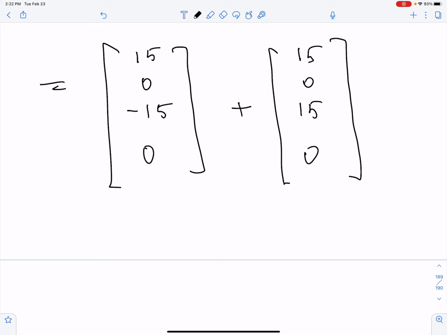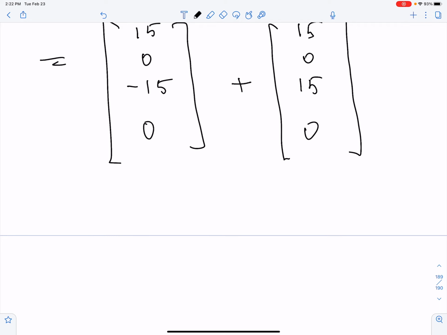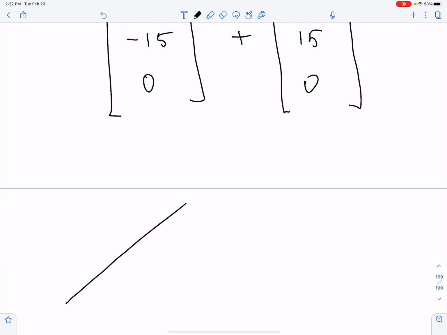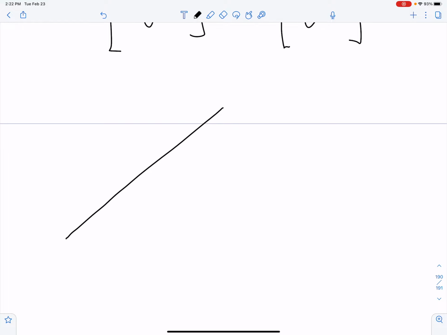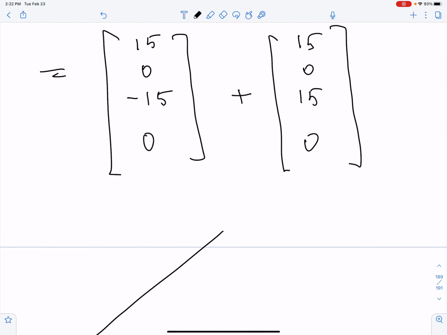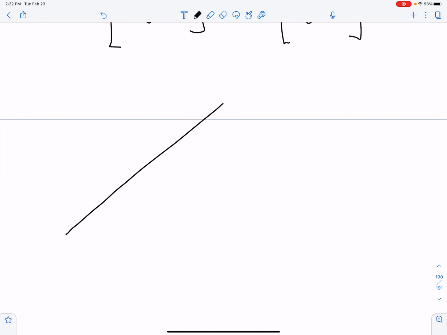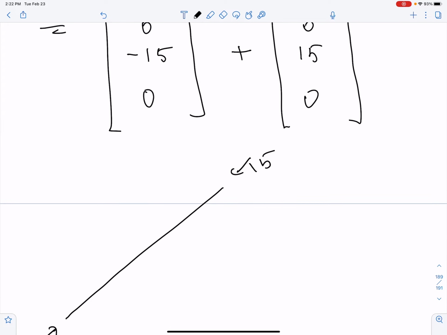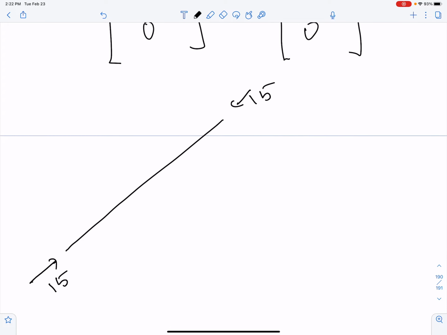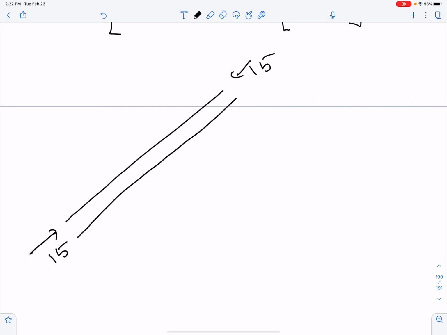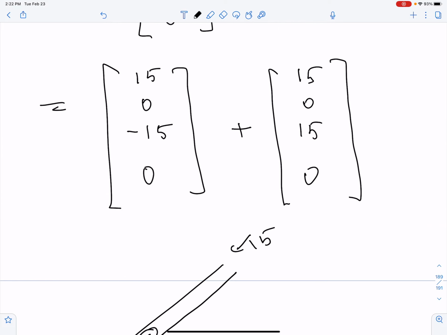Okay. Right. So what does that mean? Here's your element, okay? And in the local coordinate system, this contribution looks like 15 acting this way and 15 acting this way, in the negative direction, right? The element is compressed, and the amount of compression is 15 units of force. Okay? This would be the contribution from the end node displacements.